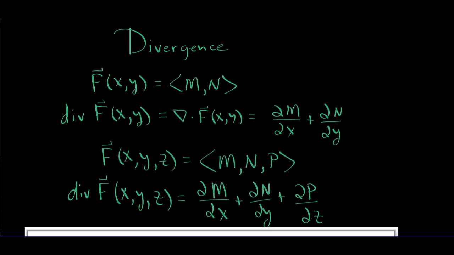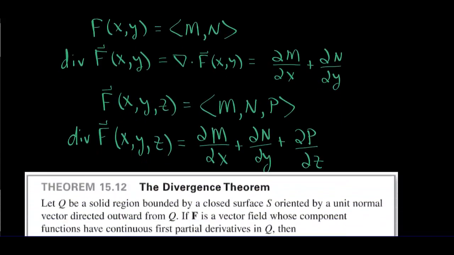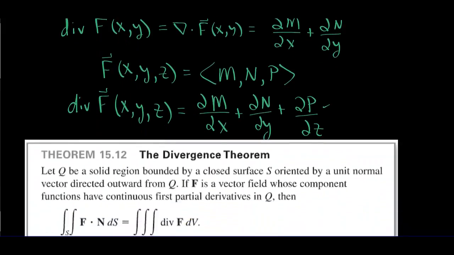Now that's if you have 2 components. If you have 3 components, then the partial of m with respect to x, the partial of n with respect to y, and the partial of p with respect to z. That's the divergence of a vector field.